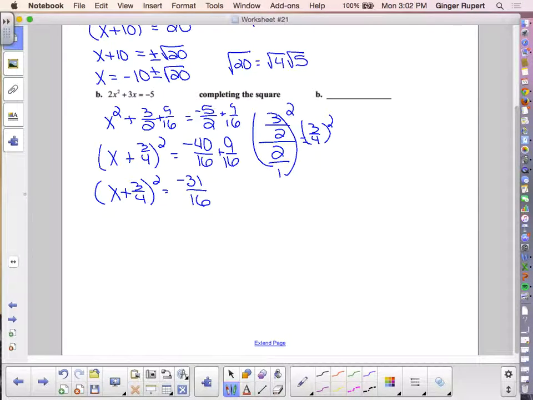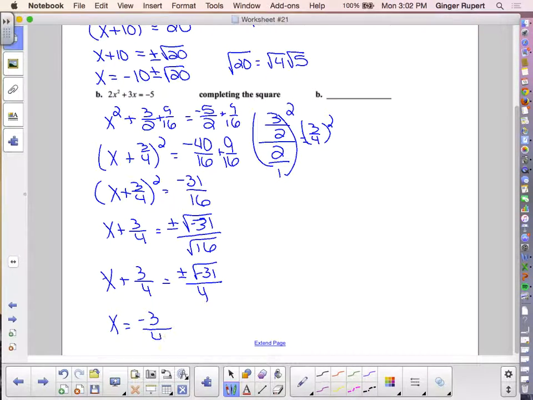Take the square root of both sides and I'll have x plus 3/4 is equal to plus or minus the square root of -31 over the square root of 16. So x plus 3/4 is equal to plus or minus the square root of -31 over 4.